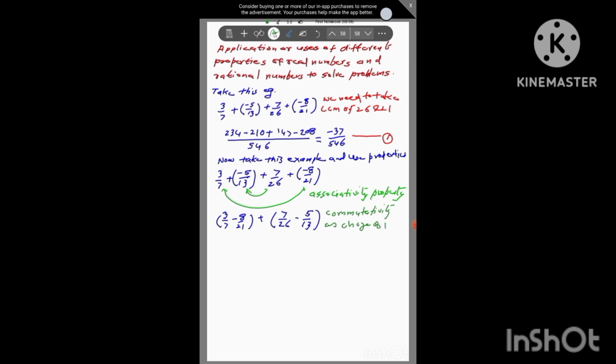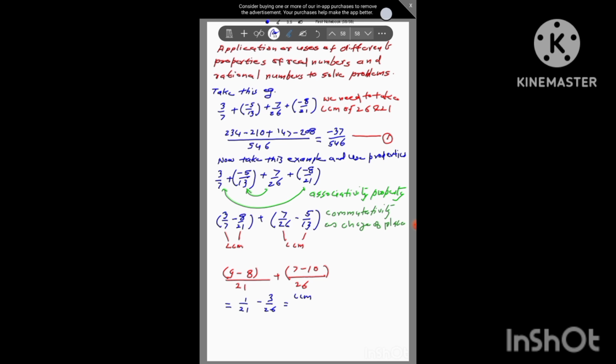And now you can see solving this problem becomes very easy. See, this is LCM, not so hectic. So we take first LCM as 21 and another LCM as 26, and these are very simple subtractions, and you get 1 upon 21 and minus 3 upon 26.